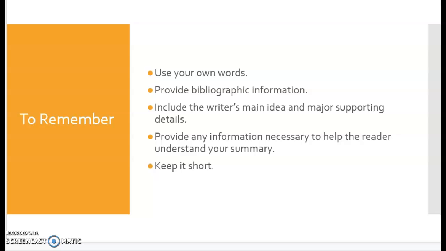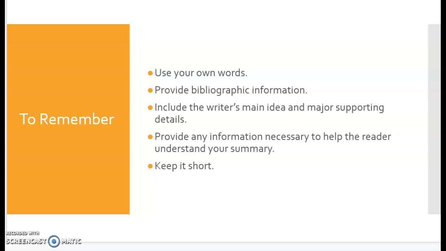So put it in your own words as much as possible. Start with the bibliographic information, include those main ideas, but keep it short. The only thing is, don't miss out on discussing the main points. If the author has a main point, it has to be in your summary.